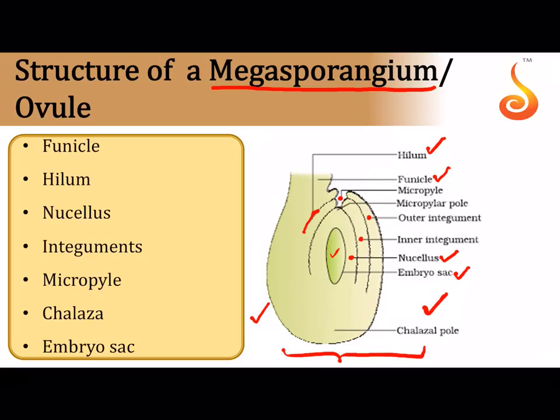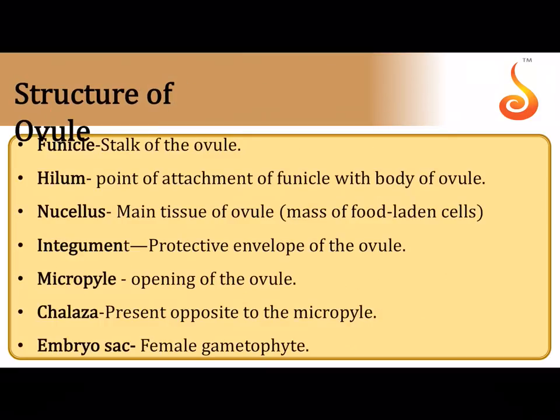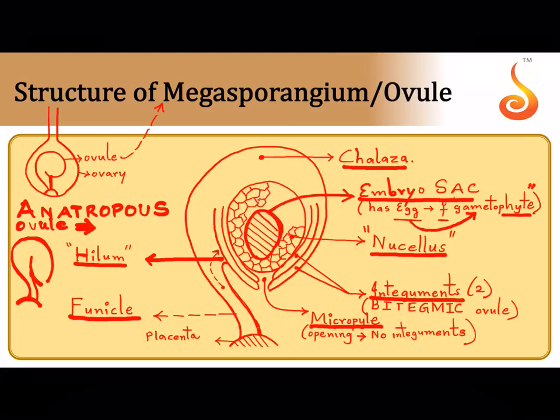This is called the micropyle, the opening of the ovule. What is missing in the opening of the ovule? The integument is missing. This is the same diagram which I drew, shown in an inverted, upside down manner. I hope the concept is clear to all of you.